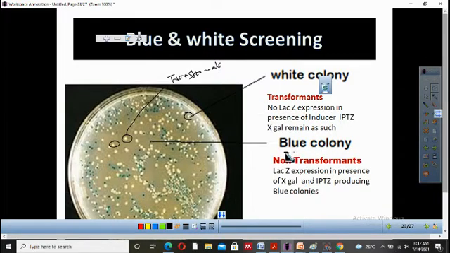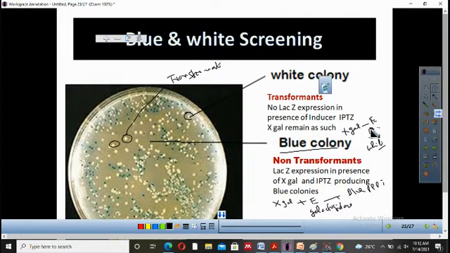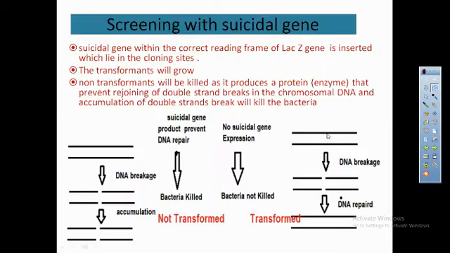And in the blue colony, X-gal reacts with the enzyme, beta galactosidase, leading to dimerization, and the blue precipitate is formed. Here X-gal remains as such, minus enzyme. This is the white, so no enzymes are there when the insert is integrated.